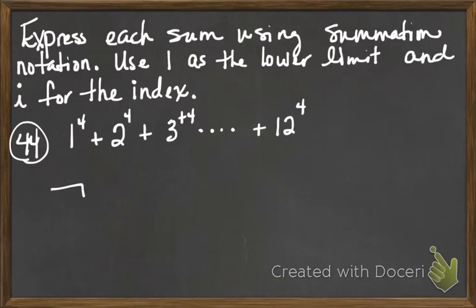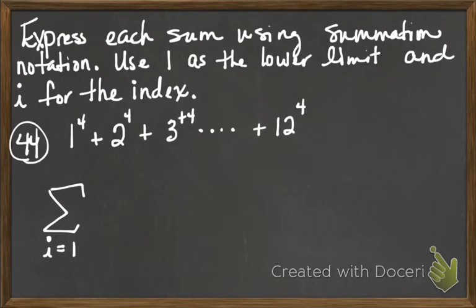So we'll do our little fancy sigma. We know on the bottom we're going to have I is equal to what? 1. They're not going to tell you the upper limit, but you can probably tell what the upper limit is going to be based on the changes in the terms. So what's not changing is the what?